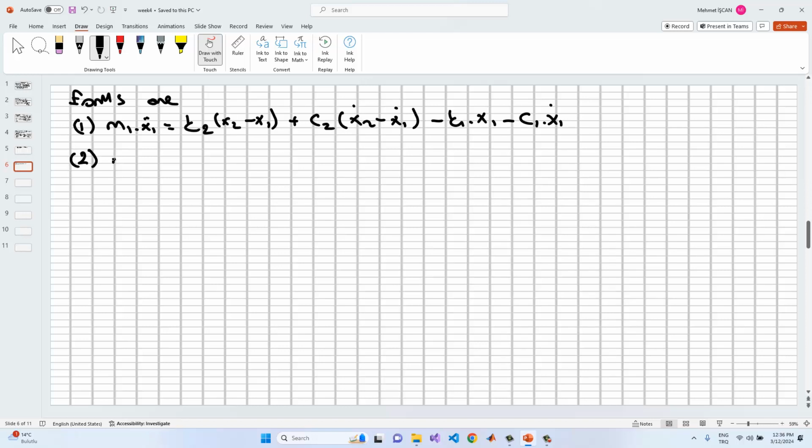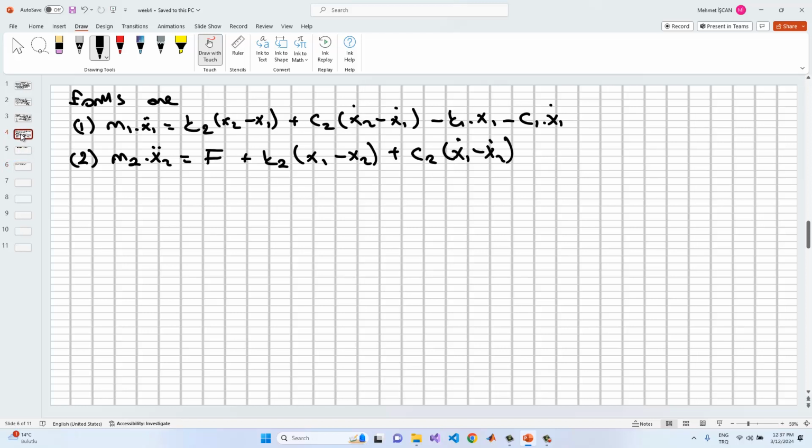In the second one, m2 x2 double dot is equal to what? The f plus k2 (x1 minus x2) plus c2 (x1 dot minus x2 dot).